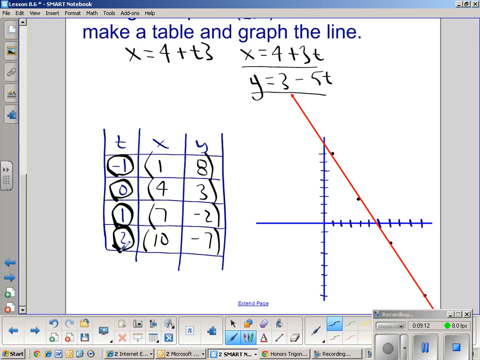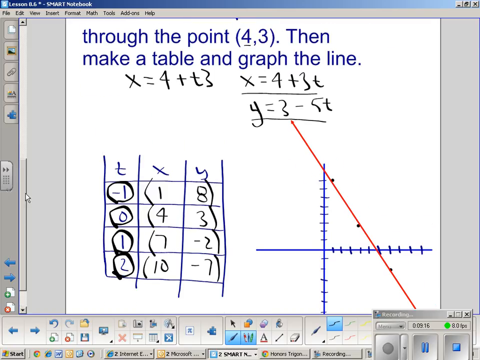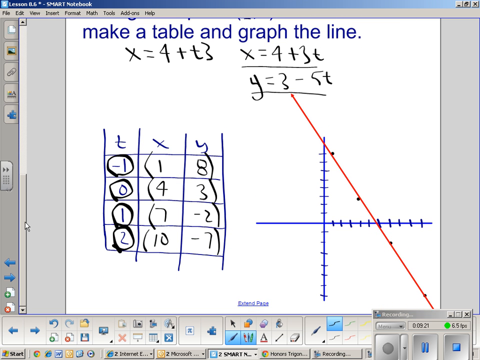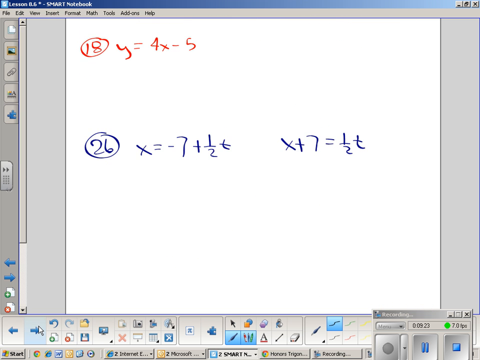Okay? So our graph looks like that. Any questions on that example? Okay? I believe that's it. We just have a couple examples here from the book that we'll look at, and then you'll have the rest of the class to work and get help if you get stuck.